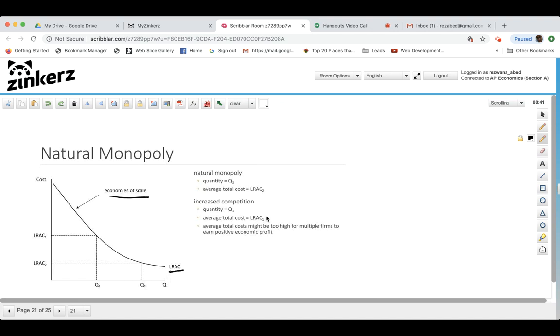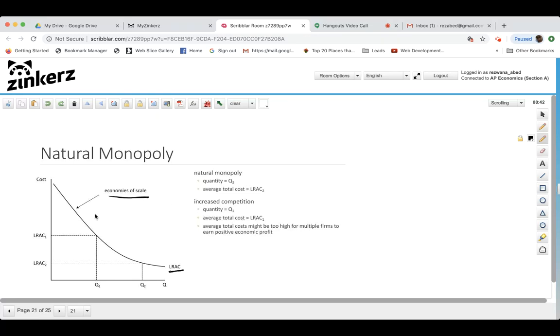Okay, so let's say you are a natural monopoly, like a public utility company, like an electricity provider, and right now you're the only one providing electricity in some city or some big area.